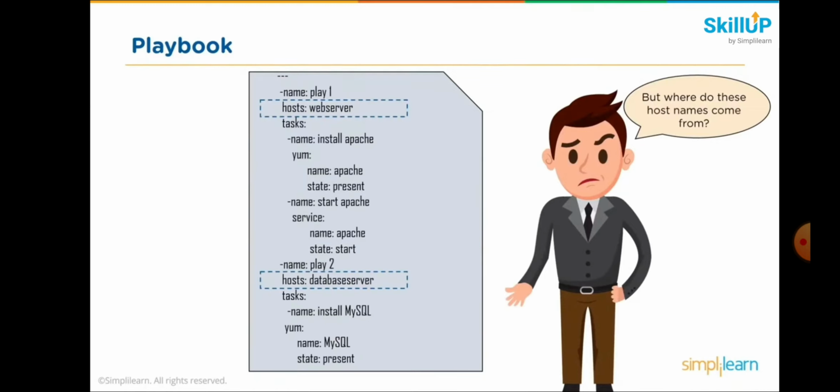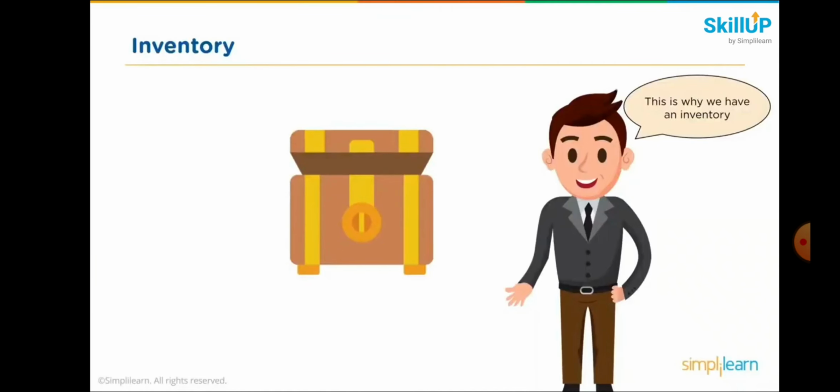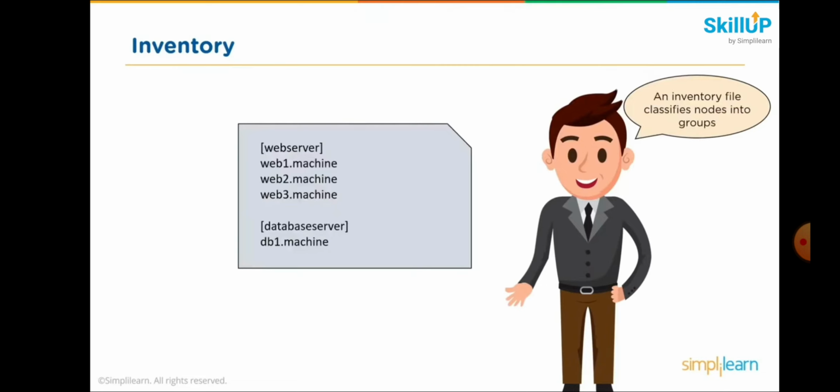Well, this takes us into our next stage, and the second part of working with Ansible, which is the inventory management part of Ansible. So the inventory part of Ansible is where we maintain the structure of our network environment. So what we do here is part of the structure in creating different nodes is we've had to create 2 different nodes here. We have a web server node and a database server node. And under web server node, we actually have the names that we're pointing to specific machines within that environment.